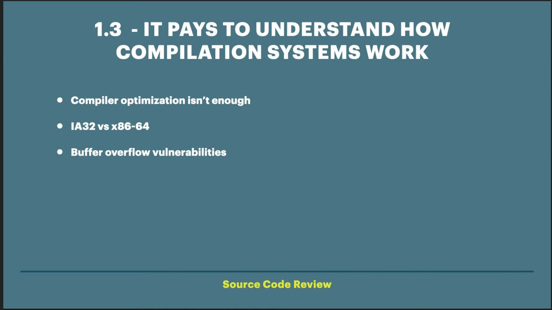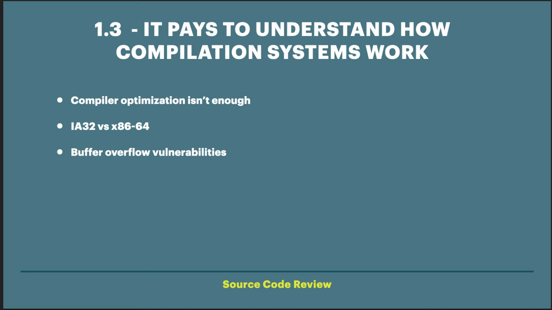Section 1.3, it pays to understand how a compilation system works. So a compiler naturally does optimizations that are fairly straightforward. For example, even though you're writing the programming language to do one thing, when the compiler turns it into, let's say, assembly language code, it may recognize, oh, there's a quicker way to do this. I'm just going to do it for you because it doesn't change anything except it's faster. So that's compiler optimization.